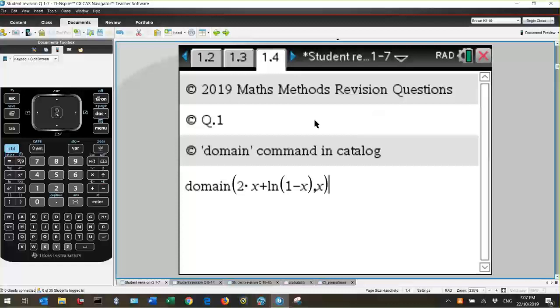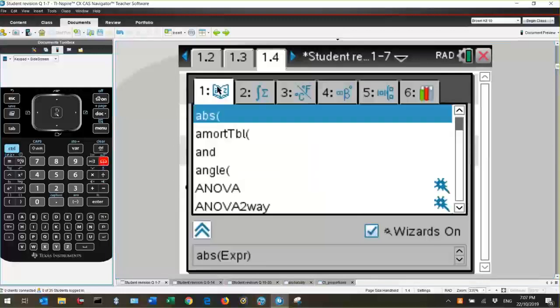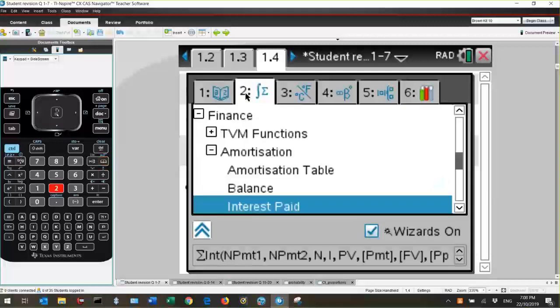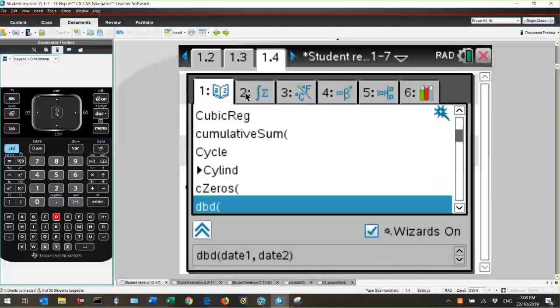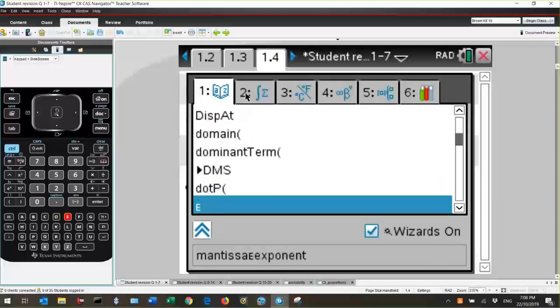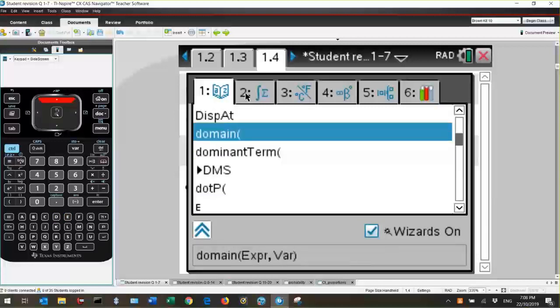So how do you access domain? Well, you have to go to the catalog. The catalog is the book symbol, and make sure that you've got tab number 1. If you're not on tab number 1, then you just press the 1 key, and then if you press D, it takes you to the top of the D. If you press E, it takes you to the bottom of the D, and you see there domain.